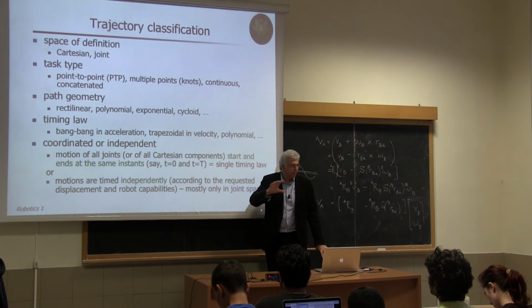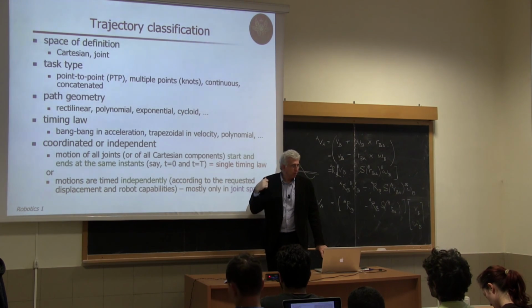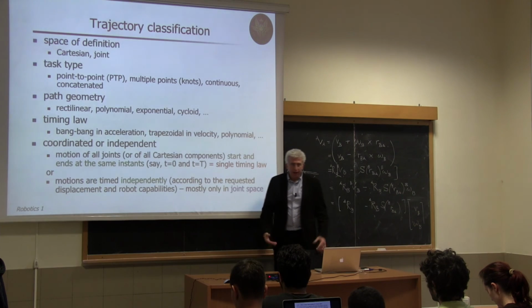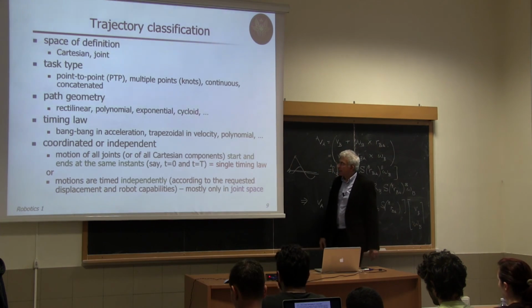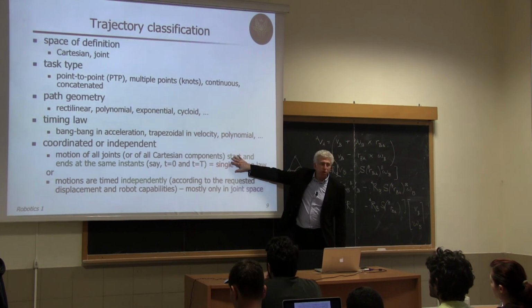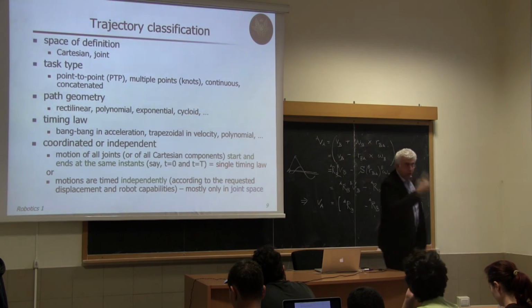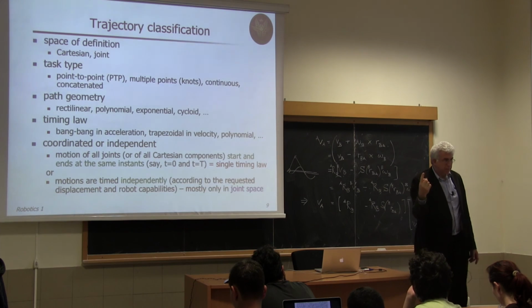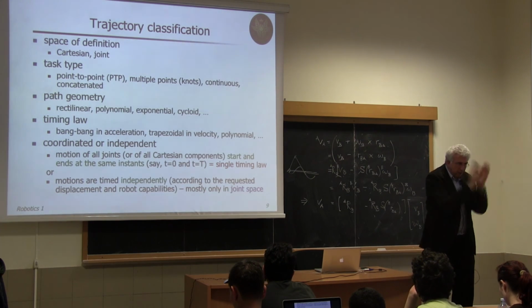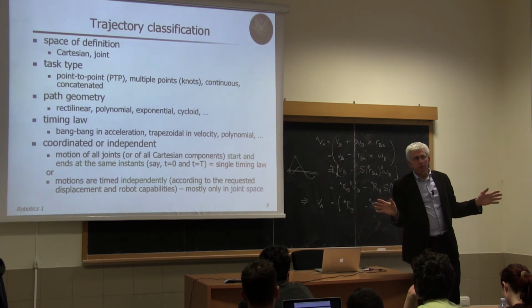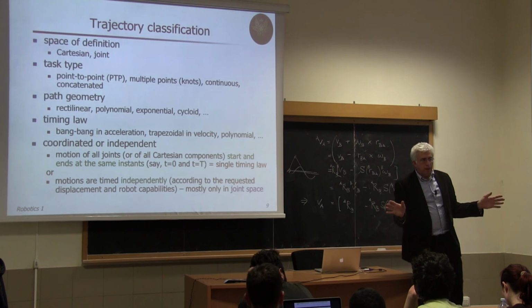Actually, we always control Cartesian motion, but we are moving in the joint space. This is learned from when we were children, moving our legs and arms. So we do coordinated motion, which is more natural, which means that you need only a single timing law for all coordinates, because this will give the start time and the end time for all the possible displacements. Okay?